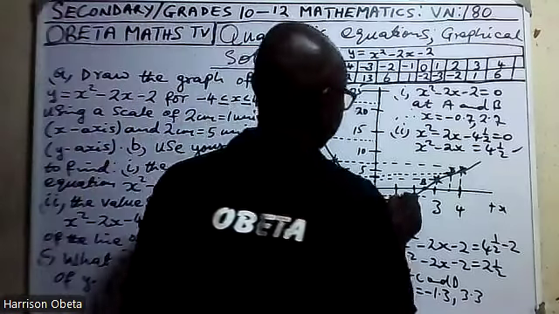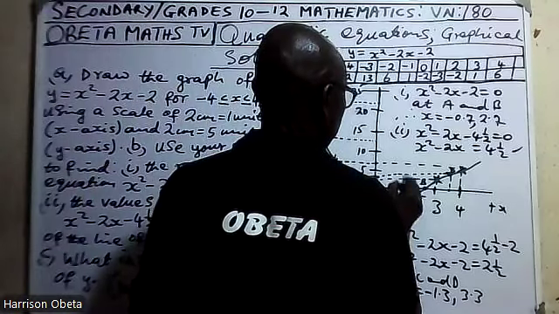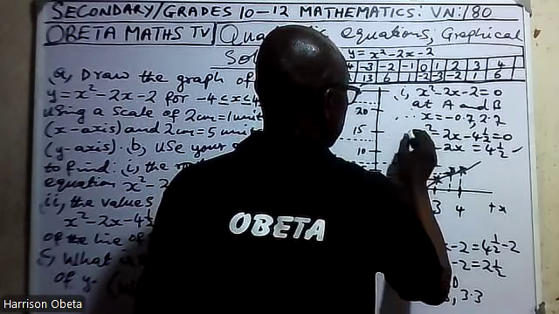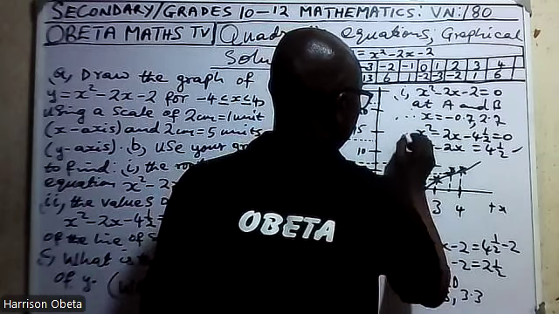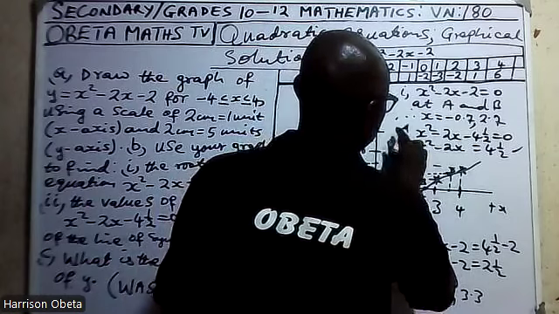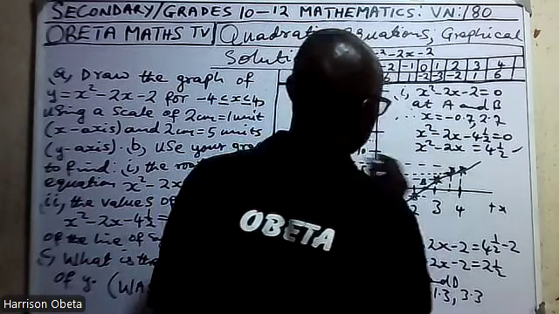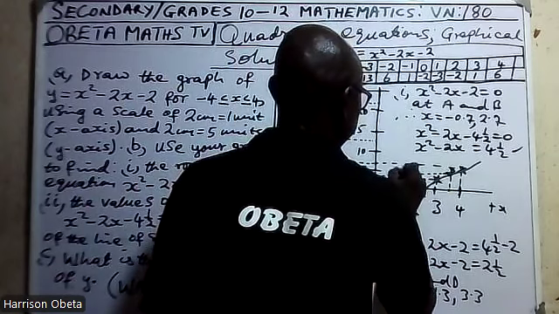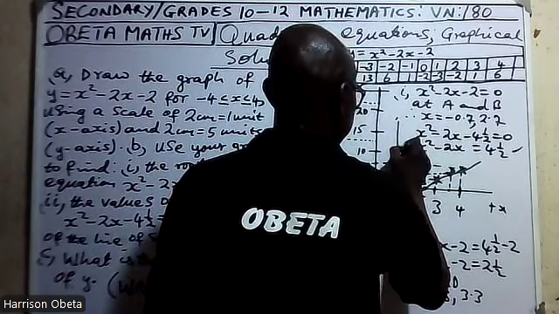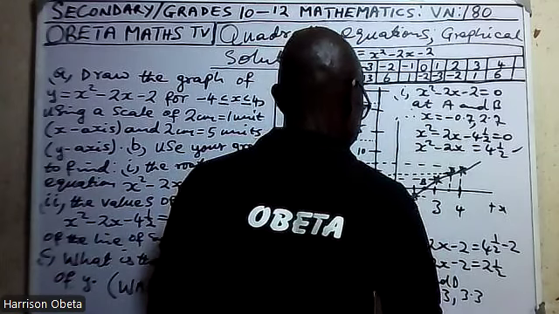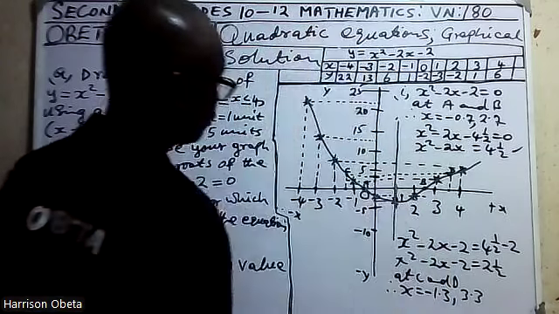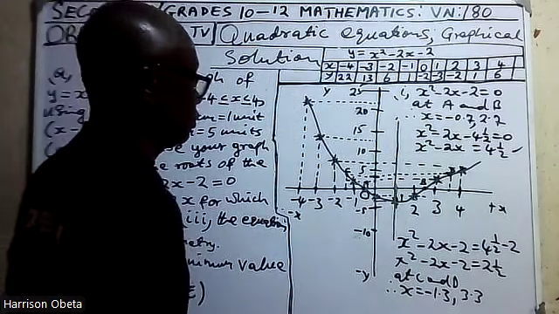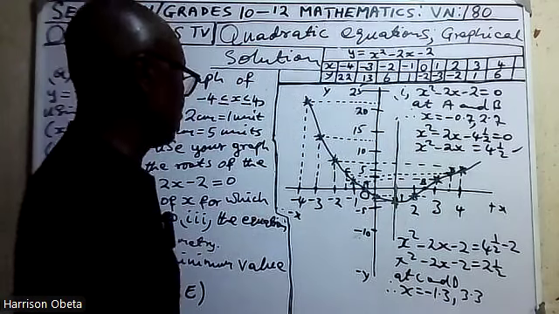So you draw your line through that. So we draw the line. And that is what we call the line of symmetry. You draw it through that particular point.